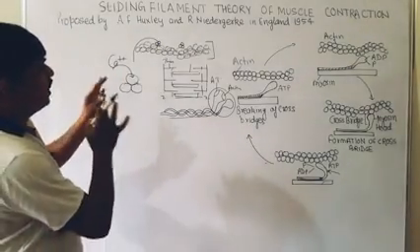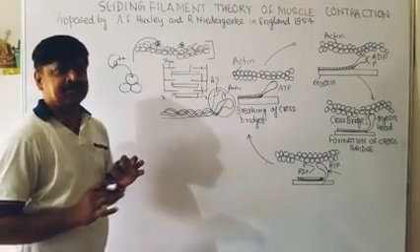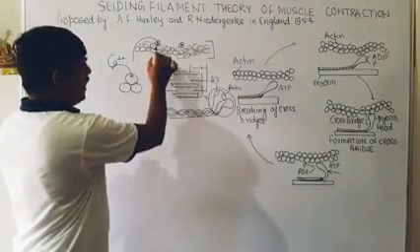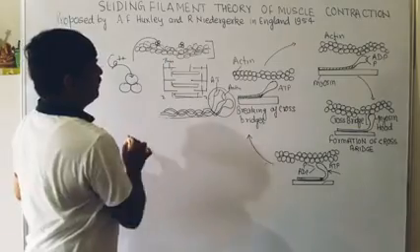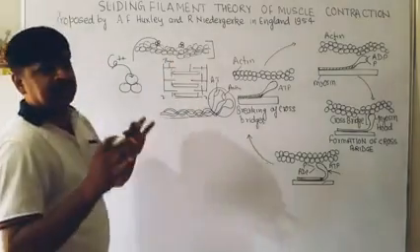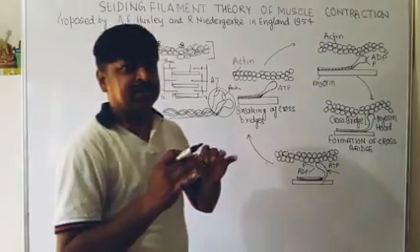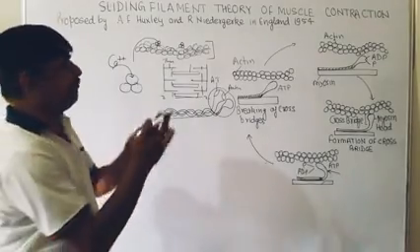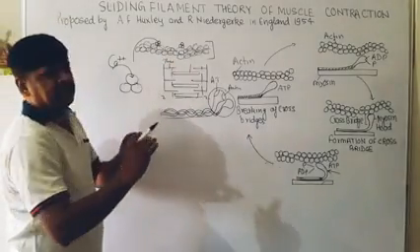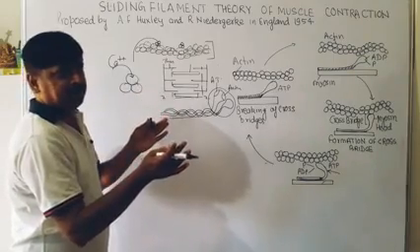And then what is the result of these configurational changes? What happens? The site of the actin filament which is masked by the tropomyosin is now unmasked, clear.